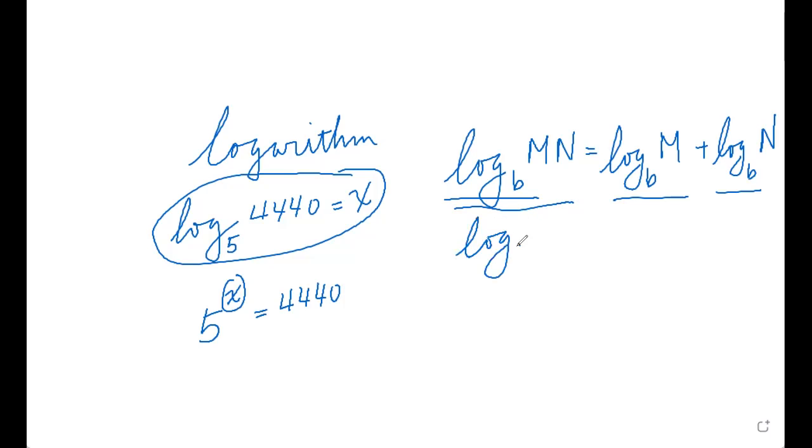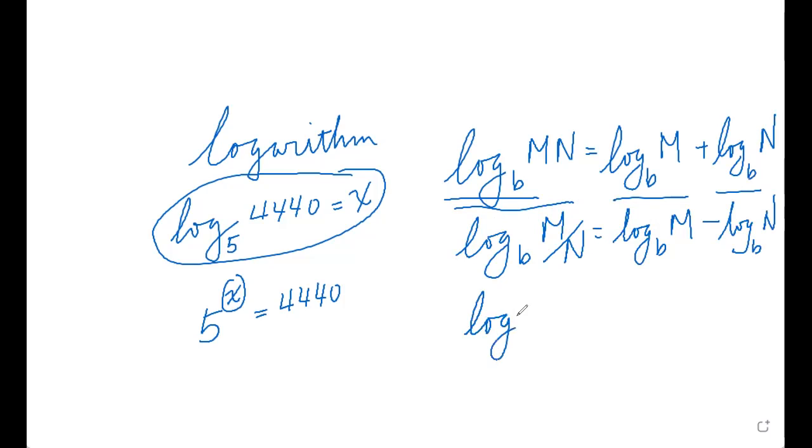Okay. Likewise, with any base b, we have m divided by n. You can split it up, and you can do log b of m minus log b of n. And another one that we're going to use a lot is when you have m to the p power. That's going to equal to p times the log base b of m.